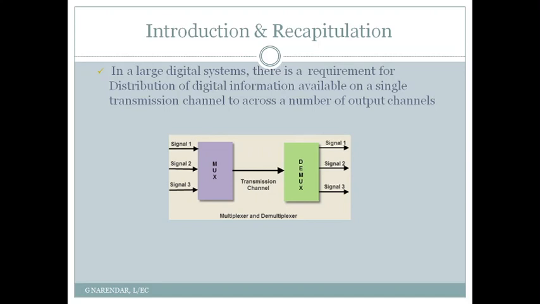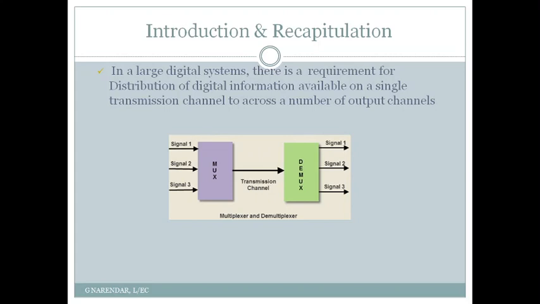In order to reduce the cost of the system, you will be transmitting all the signals onto a single transmission channel by using a multiplexer at the transmission end, and at the receiving end the information from the single transmission channel will be distributed across a number of output channels, and this requires one more combinational circuit that is called a demultiplexer.